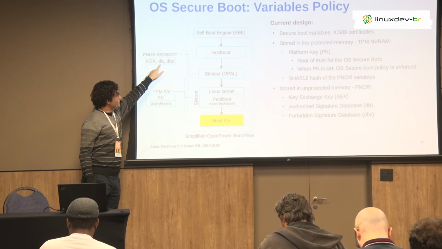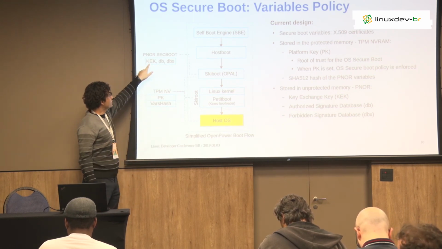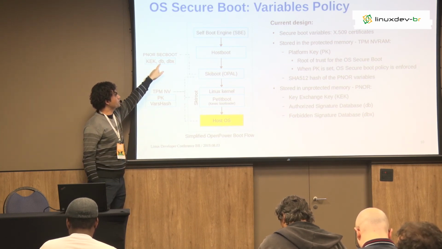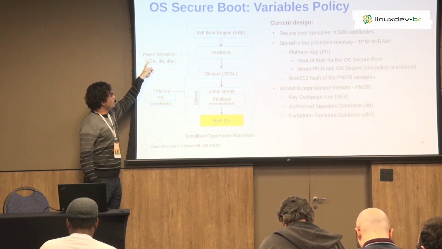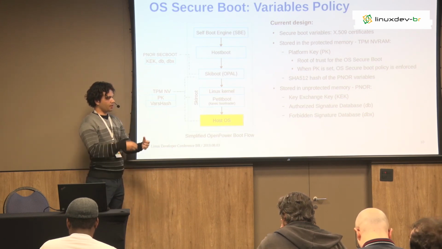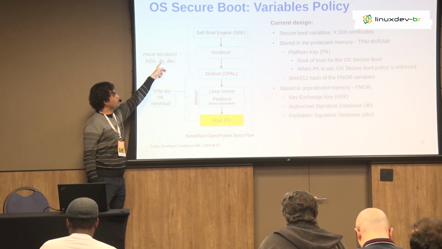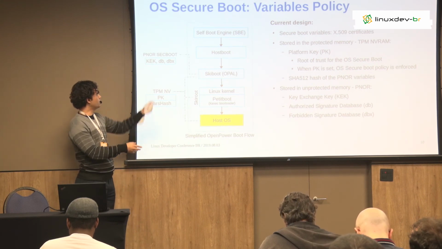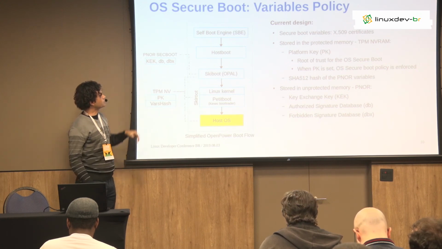But how do I add any key to these two variables? Well, for that I need the KEK variable. The KEK variable authorizes new entries, new additions, to these variables. So if I have a public key here, I could sign my key update. When I try to add, for example, a new key to the DB, I need to sign that DB entry with one of the keys that I have here in the KEK. We have only public keys here, right?